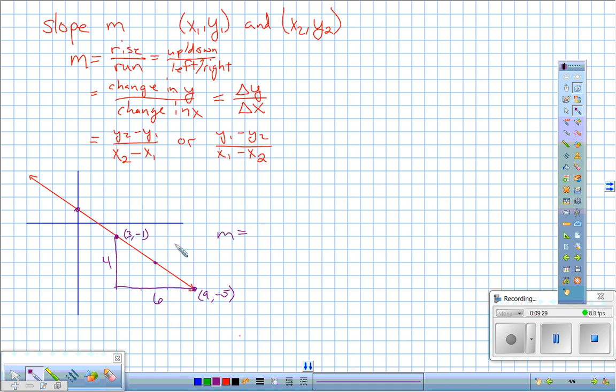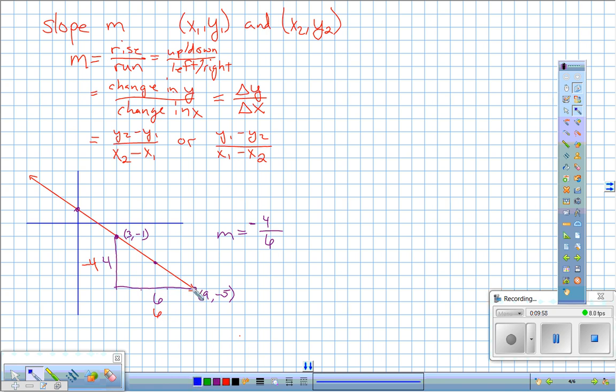So my slope is rise. So I rose 4. And I went over 6. And now I need to look and decide if it's positive or negative. So always read it like you would a book. So from right here to over here, did it go up or down? Since it went down, it's -4 over 6. Okay, you could also think about it as I went down 4, right 6.